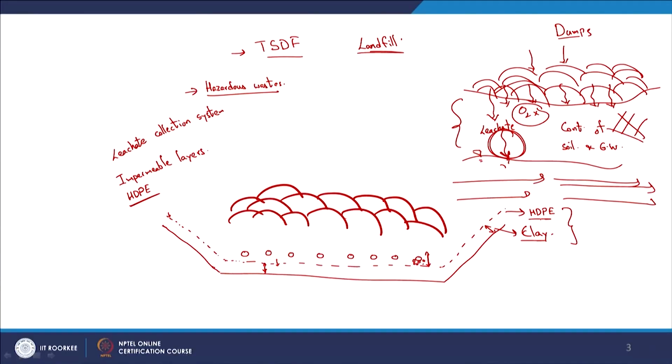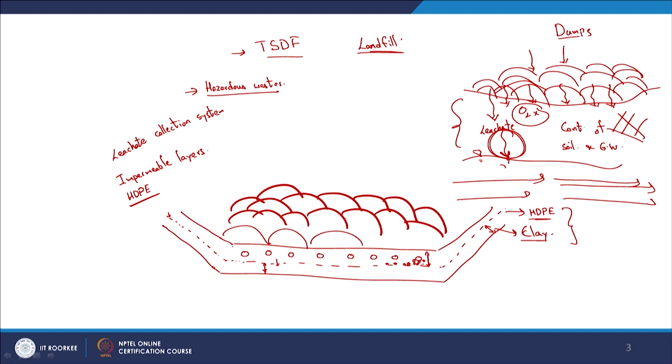And you want to have this placed in such a way that the HDPE beneath it is not damaged, right. So you need to choose your layers accordingly. So typically they will have some sand a few centimeters thick, 30 centimeters and so on, and then gravel and so on and so forth. So that is going to be the leachate collection system here, right.